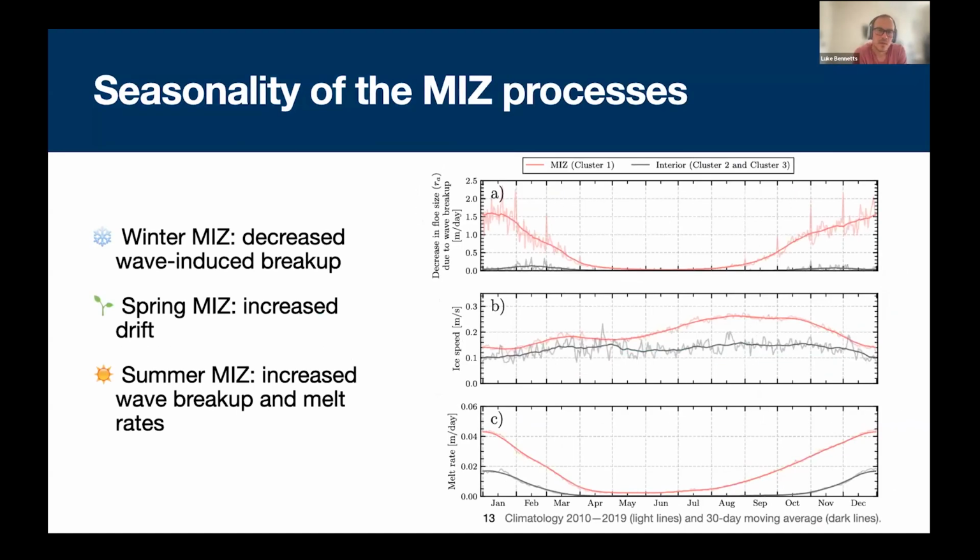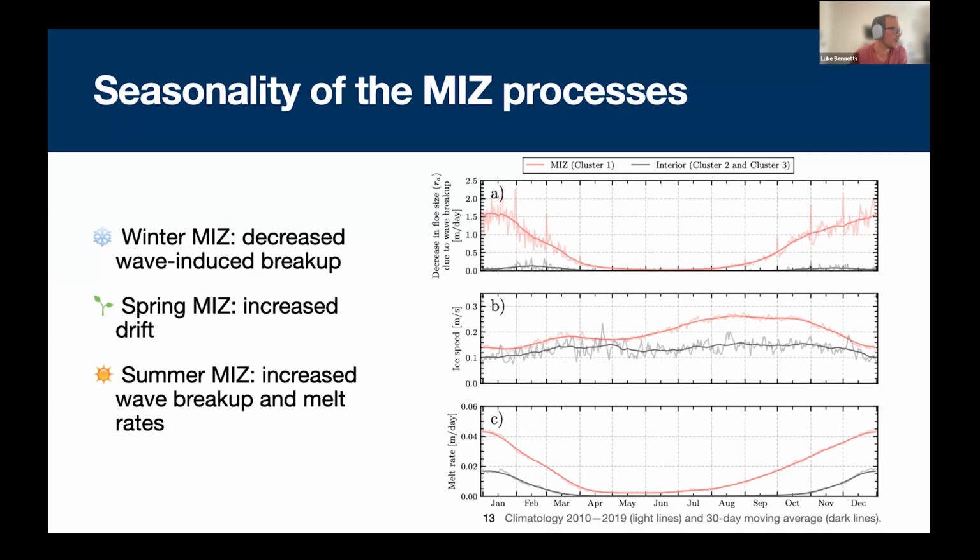And here we're looking at some of the dynamic properties of the ice cover. And we're comparing the properties in the marginal ice zone to the properties of the interior ice cover. So the interior ice cover is now what I was calling earlier clusters 2 and 3. We've just combined those two together.